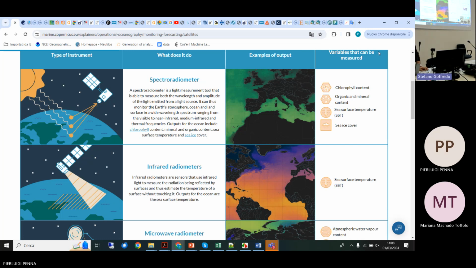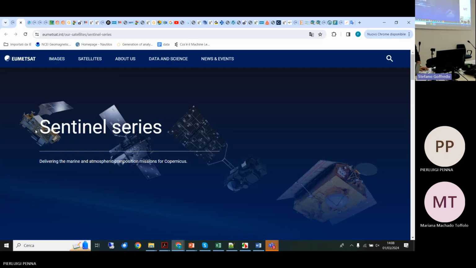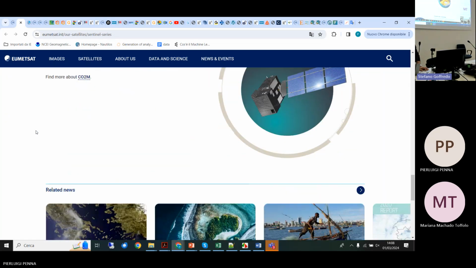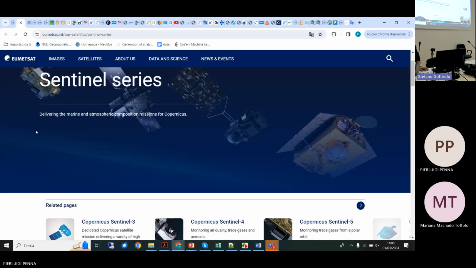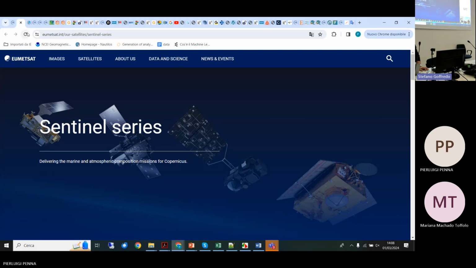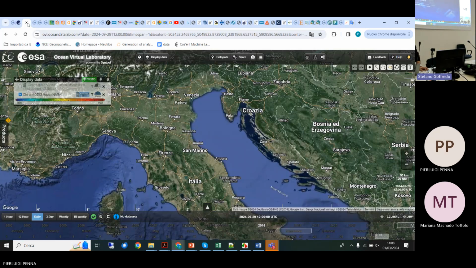Another important parameter is the chlorophyll content of the seawater. This is a panorama of satellites. I don't want to be too long. Where can we see the data? OVL, oceandatalab.com, Ocean Virtual Laboratory. There is a portal you can find easily. It's just to show you what we can do.